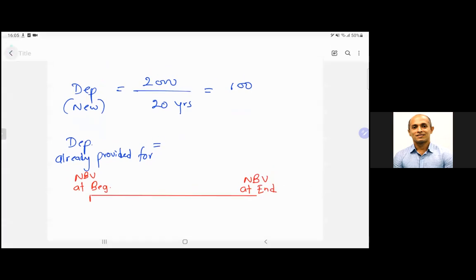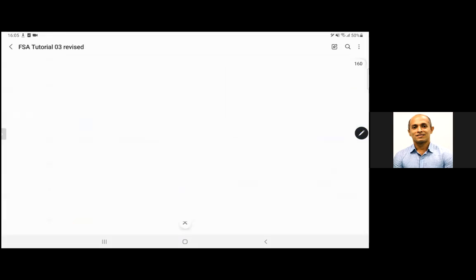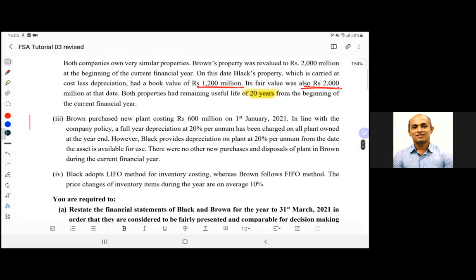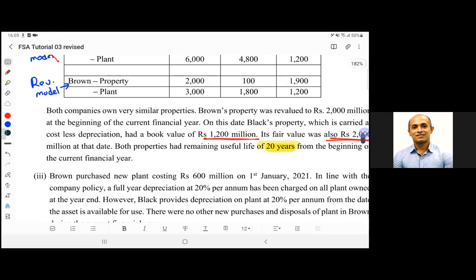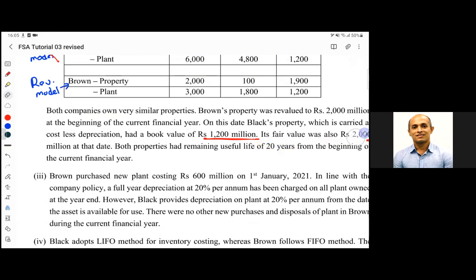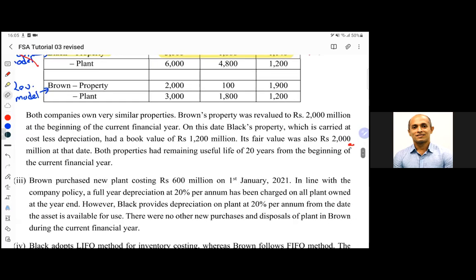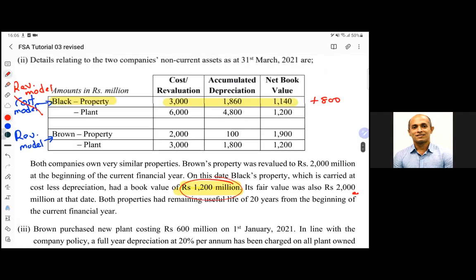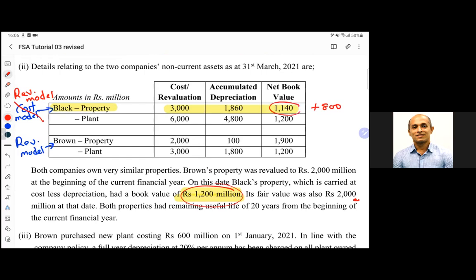You see the question? At the beginning, you see the property net book value, 1200.